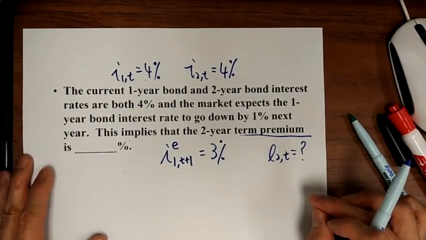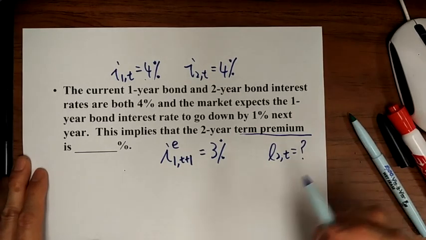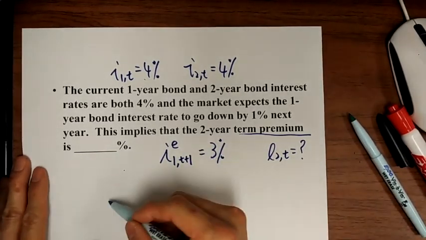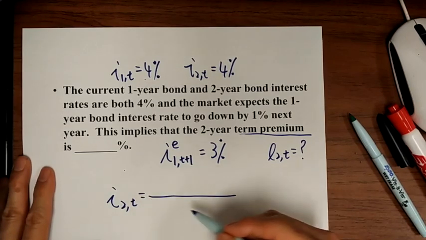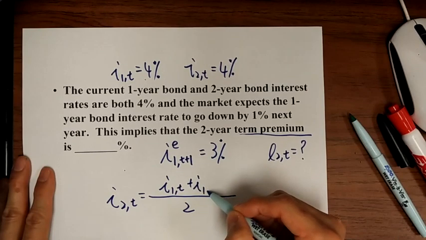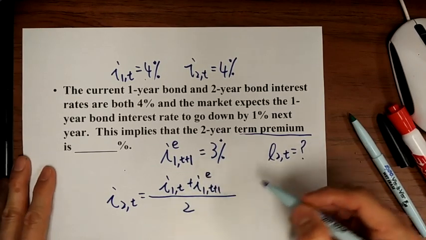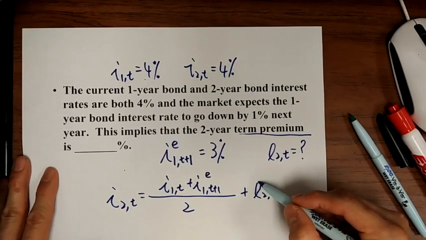You don't have to specify this theory. This is the correct theory. Just use it. So the liquidity premium theory says the 2-year bond interest rate should be equal to the average of the next two 1-year bond interest rates plus a liquidity premium of the 2-year bond.